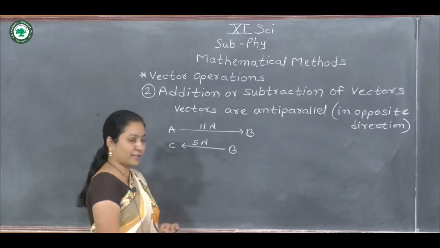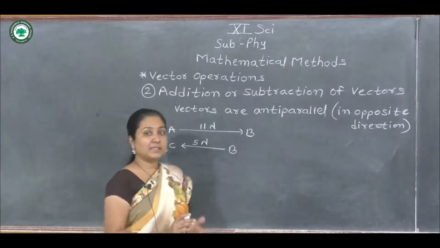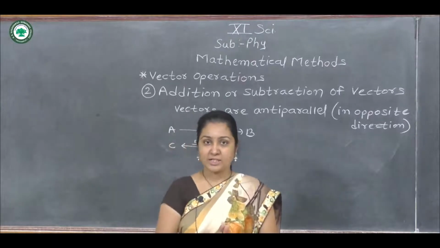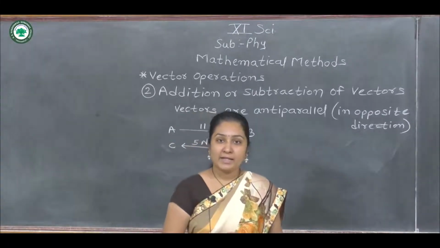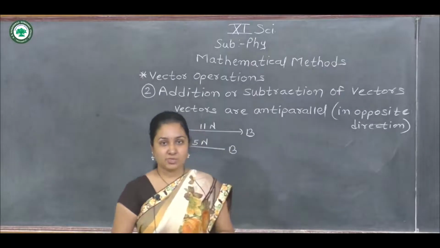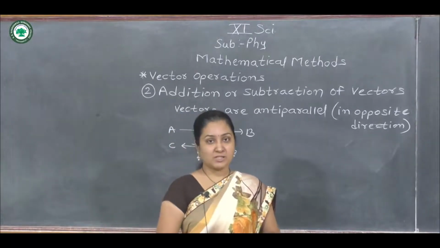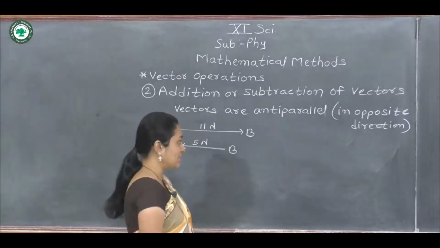to first vector. Now in this case, if two vectors are moving in opposite direction, then to find the resultant of these two vectors, we have to perform subtraction on these two vectors.